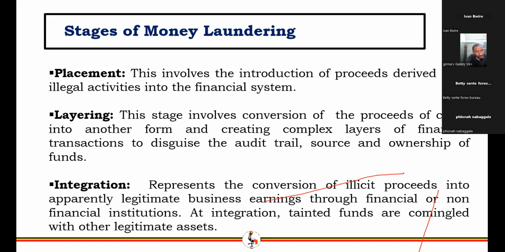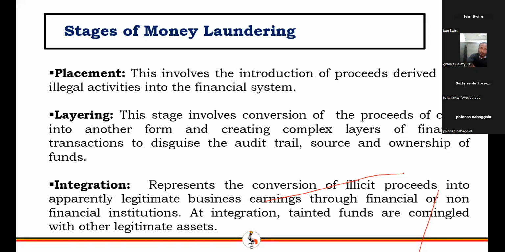At the point of layering, the money is structured. Remember, the main objective of money laundering is to disguise the origin of the illicit proceeds. So through layering, the criminals structure the money through complex layers to ensure that the source is disguised, so that the audit trail cannot be tracked.